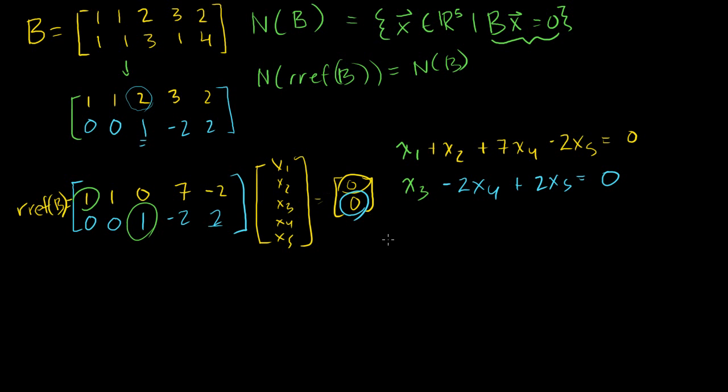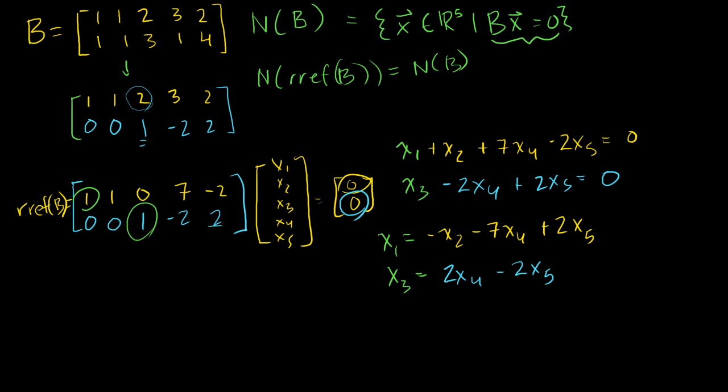We get x1 is equal to, I should do that in green. The color coding helps. I get x1 is equal to minus x2 minus 7x4 plus 2x5. Just subtracted these from both sides of the equation. And I get x3 is equal to, we've done this multiple times, 2x4 minus 2x5.